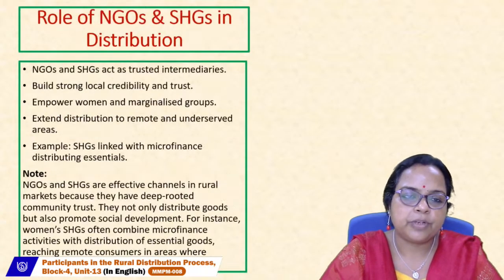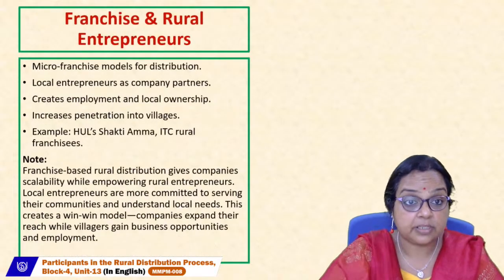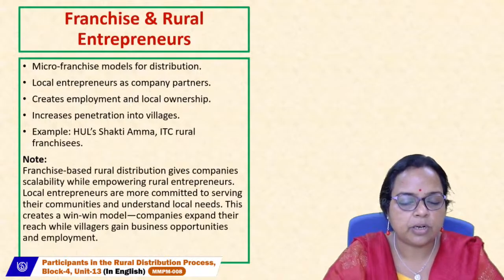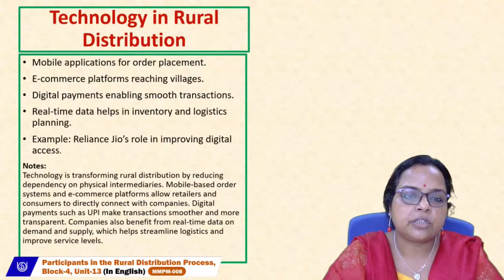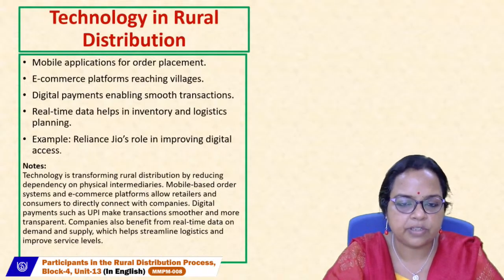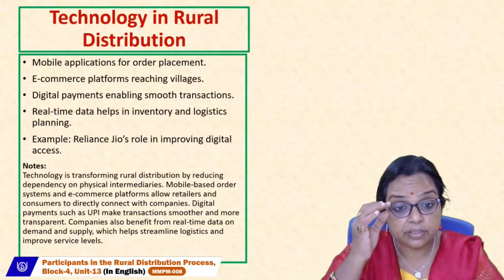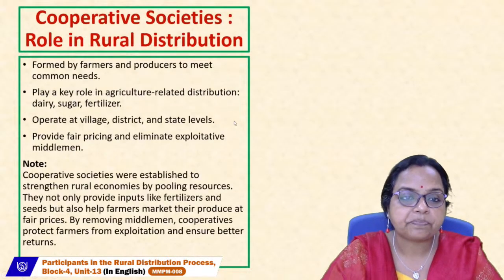Then we understood the franchisee and the rural entrepreneurs model, where companies are helping to establish new franchises at the closest distance of the villages to sell their product more closely with the customers. Then we understood the technology in distribution, that simply lies with the use of a digital phone and the internet, that is helping the customer to order well and receive the product at their doorstep.